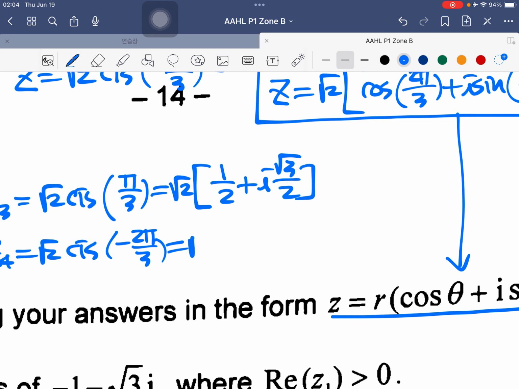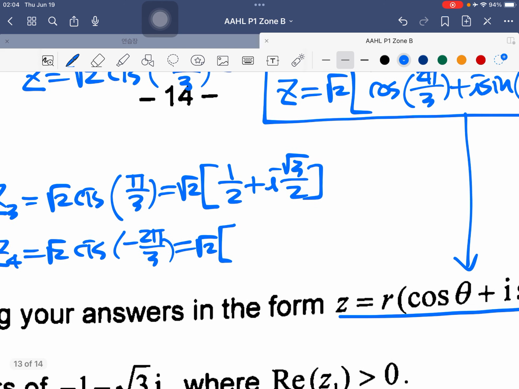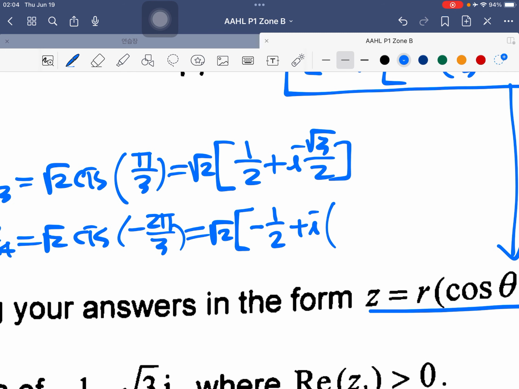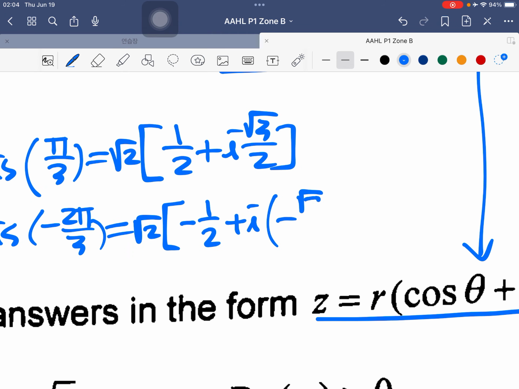Z4 is square root of 2 cosine of minus 2 pi over 3, which is exactly cosine 2 pi over 3, which is minus 1/2, plus i sine of minus 2 pi over 3, which is a negative of sine 2 pi over 3, so minus square root of 3 over 2.